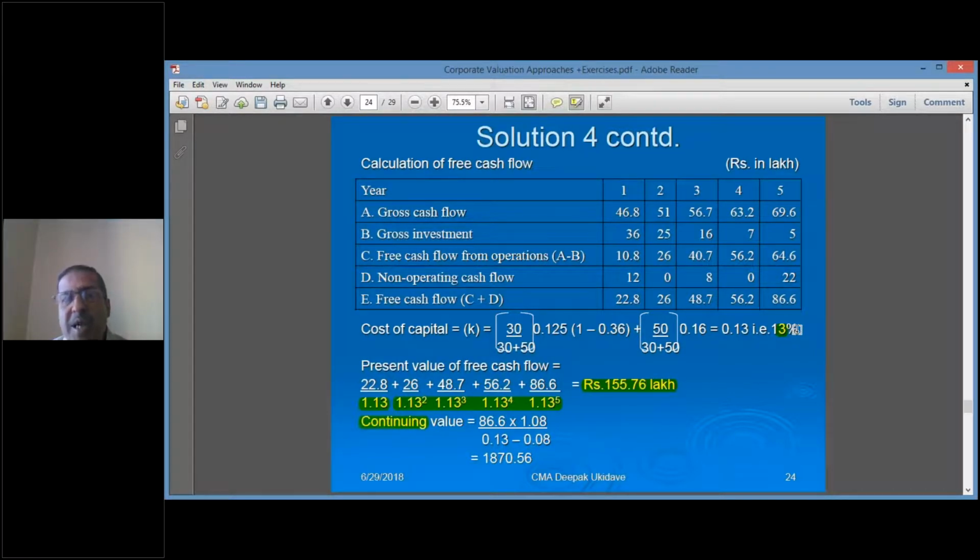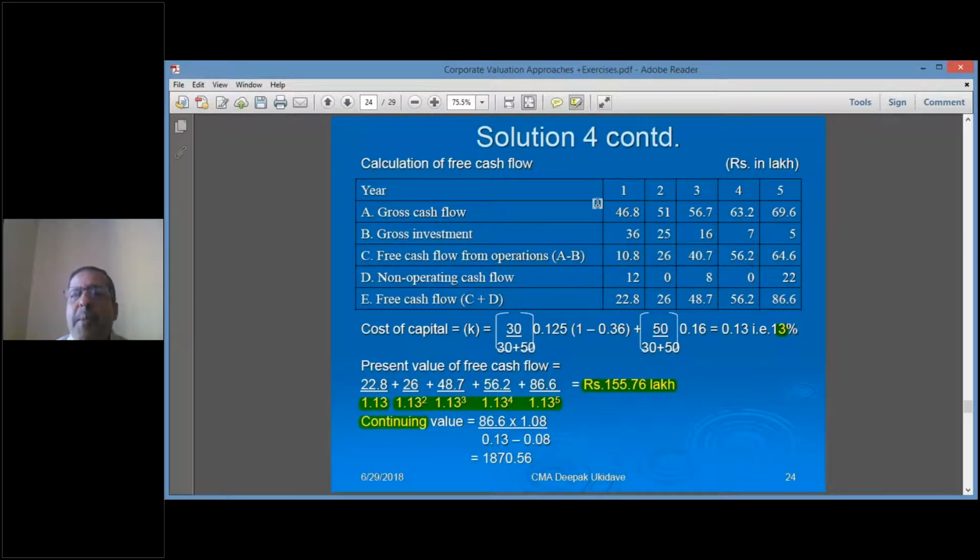You have seen how much time we are taking for these calculations after understanding. Half an hour तो लगता ही है ऐसे sums को solve करने के लिए. And therefore this 13%, most of you got it wrong because some of you ignored tax, some of you applied wrong formula, whatever. But you got other than 13%. So your discounting of future cash flows also will go wrong. Final answer will go wrong. So don't make these mistakes and be careful at every stage, at every juncture.